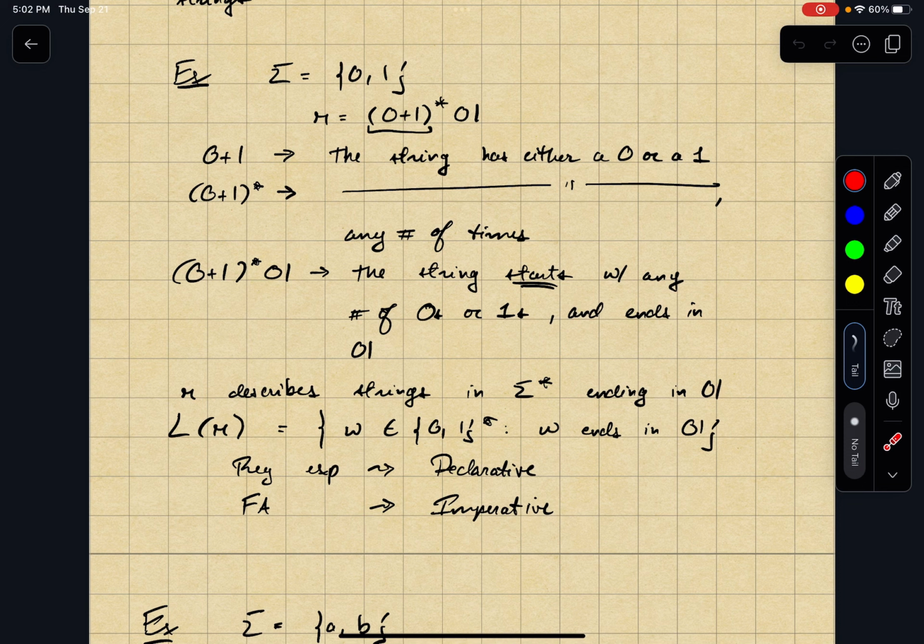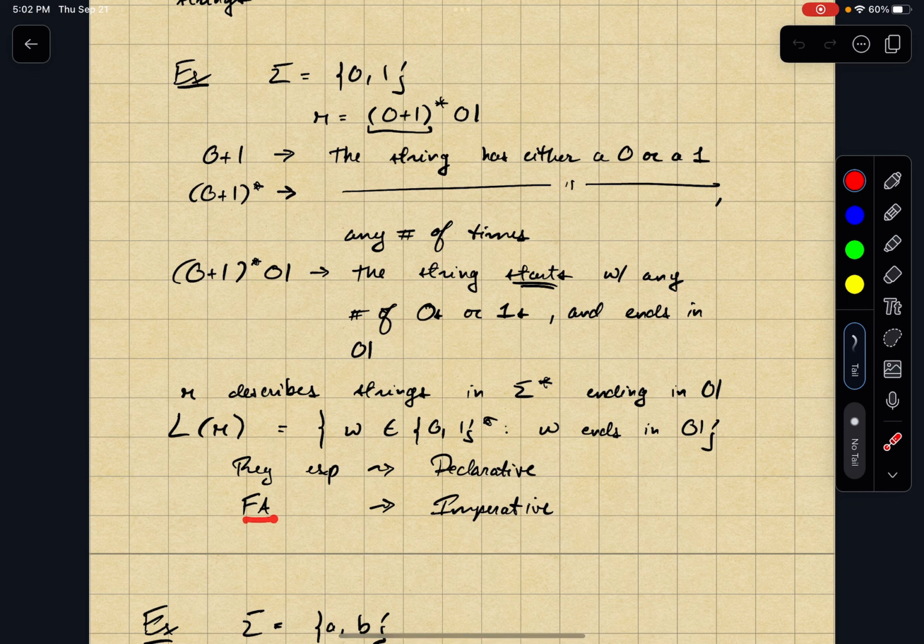So you're declaring what you want the program to do, and that's exactly what regular expressions are saying. They're saying, these are the strings that I'd like to match with. Whereas for FAs, these are more like imperative programming languages. So in imperative programming languages, you specify exactly how a program should operate such that it gives you this output.